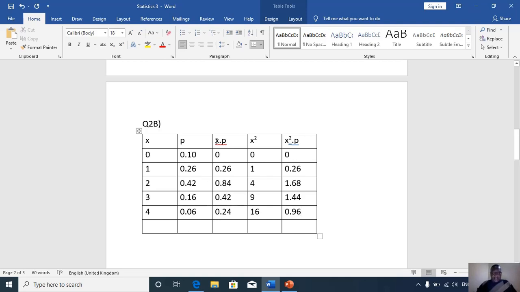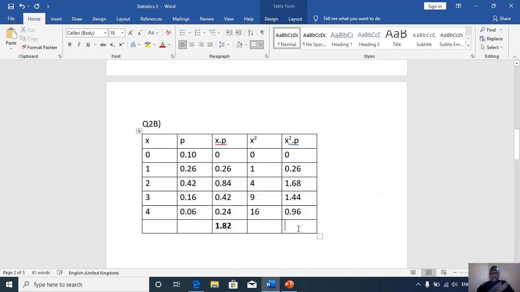So adding our summation xp, this value should be 1.82. Okay, so adding that column there should give you 1.82.